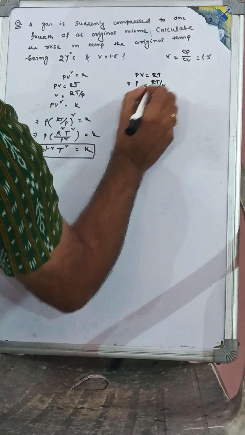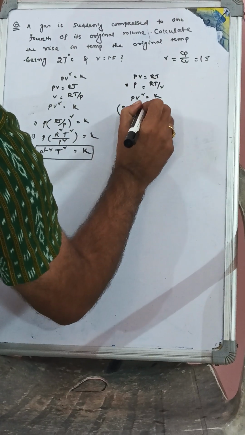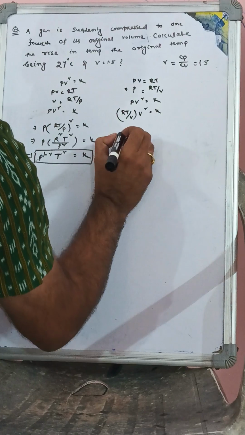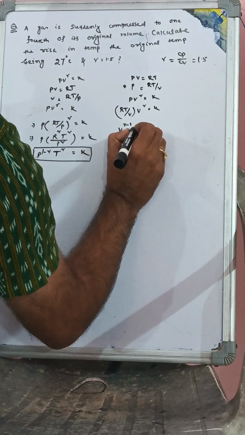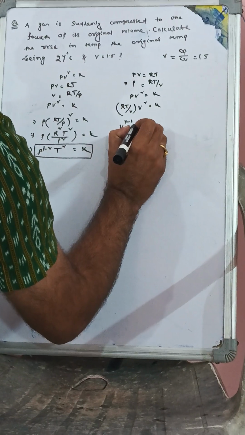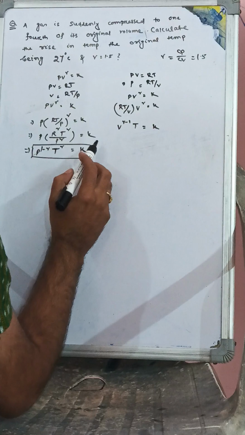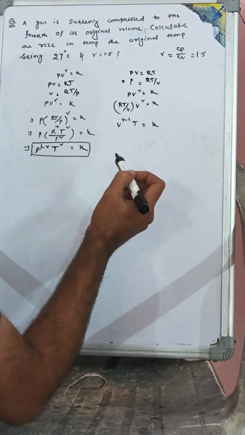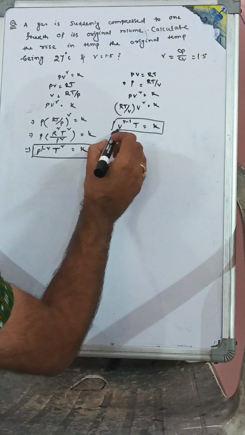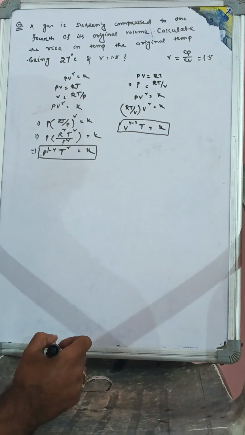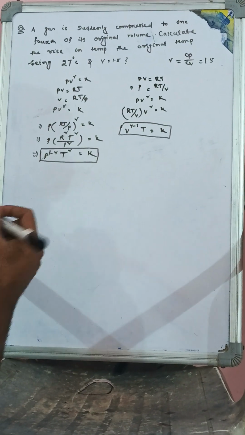So we put the value of P, RT by V, into V to the power gamma is equal to constant. So V to the power gamma minus 1 into T is equal to K. This is the equation.